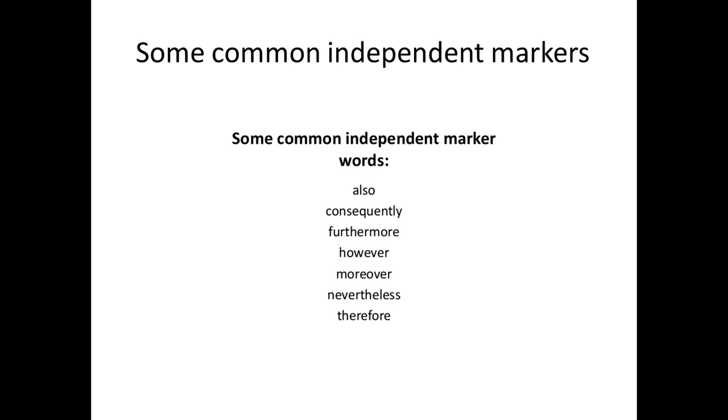They show that the next sentence is another independent sentence or another independent clause. So these words come between two sentences or between two clauses, and they tell us that the next sentence is another independent clause.